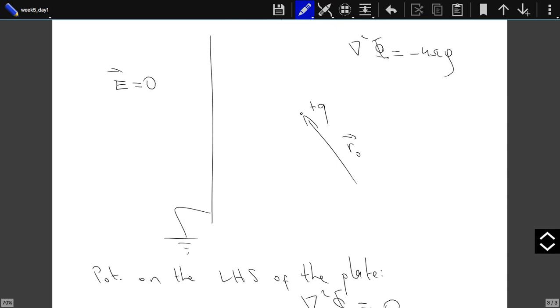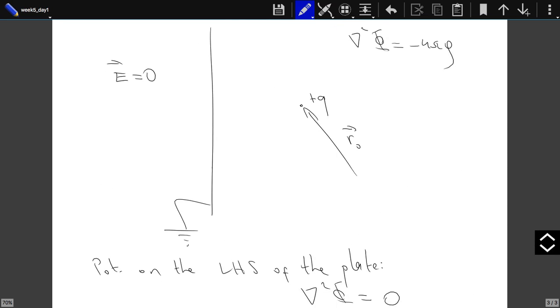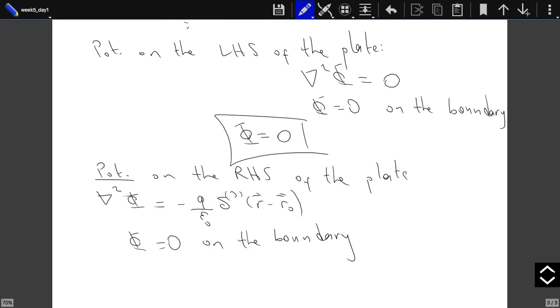Again, if you look at the right-hand side, one part of my boundary is this plate, which is at 0 potential. The other side is at infinity, which is again at 0 potential. You see, this time the solution is not 0, because phi does not satisfy the Laplace equation. It satisfies the Poisson equation, and so it can have a local maximum.